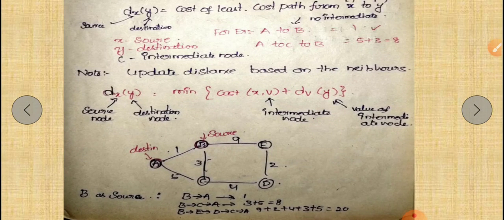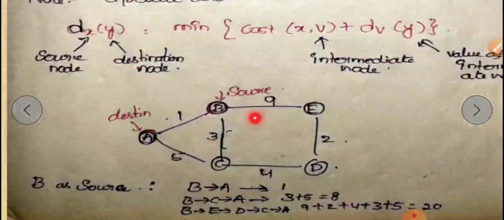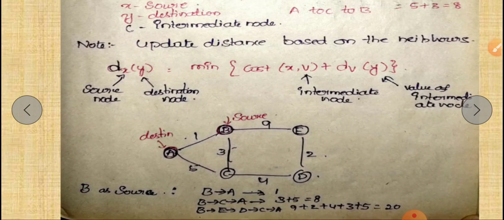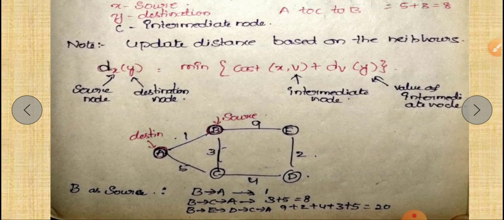So we'll see A to B, B to C and D to E. I have given one image, just have a look. With the help of this image we are going to find the distances from B as the source. For example, B is the source and A is the destination.